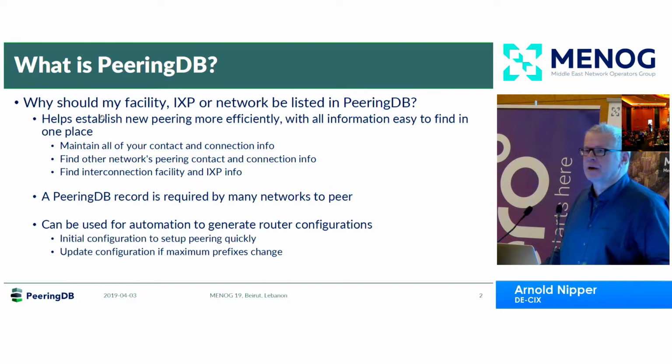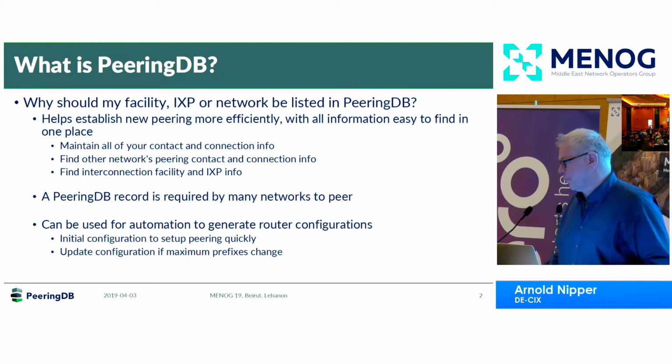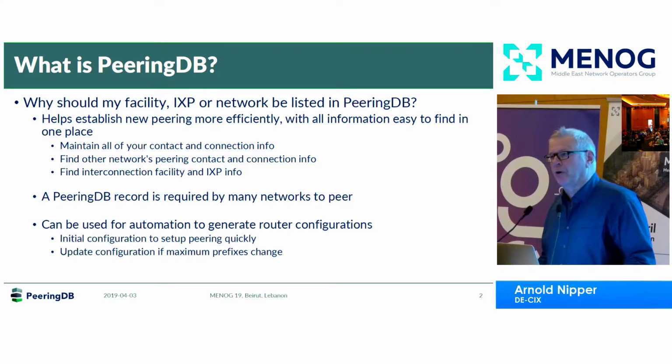PeeringDB is, like the name already suggests, a database. And it basically contains all the information which you need for interconnection, for peering. And what is this information? Of course, first of all, you need information about networks. But that's not all.